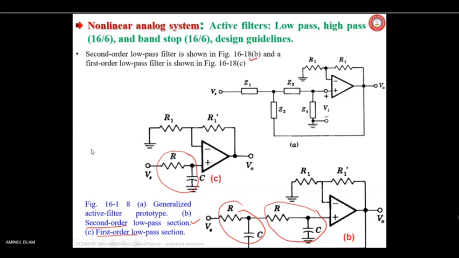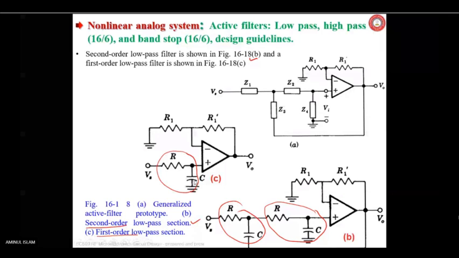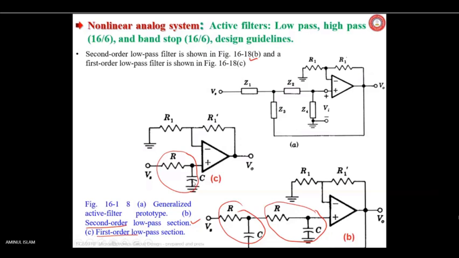See, in the circuit, one pair of passive elements is there, C and R. Without going into much detail, you can remember it this way.